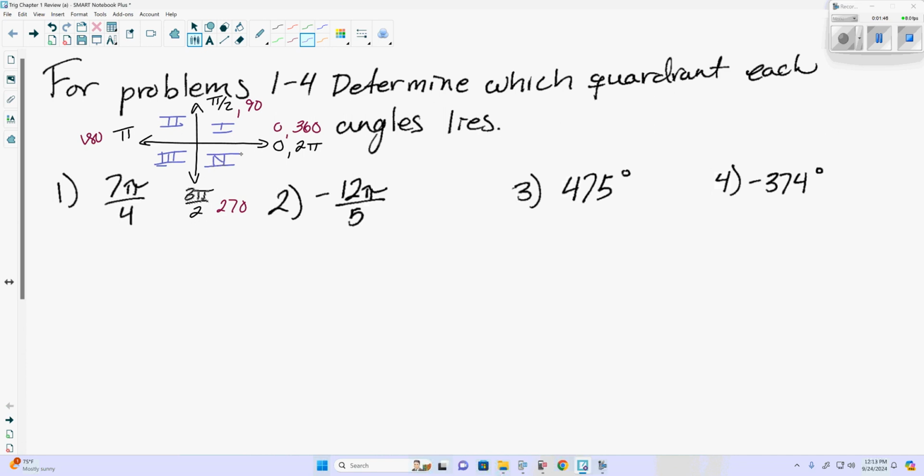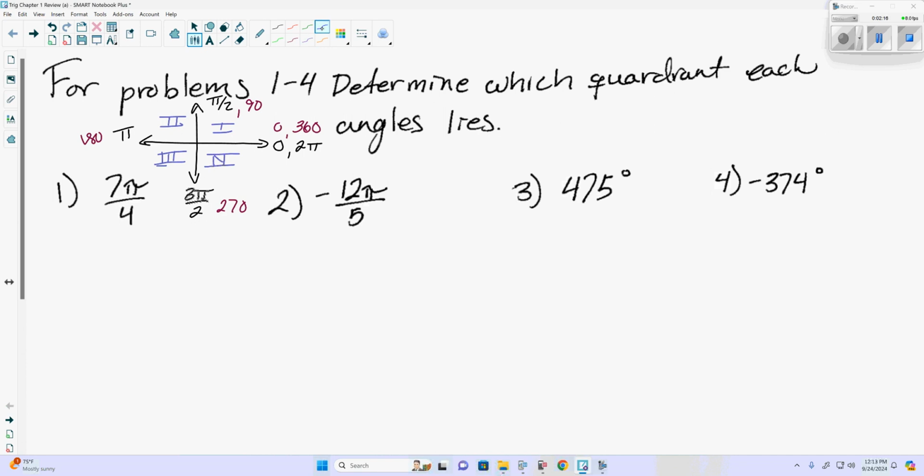Quadrant 2 is between pi over 2 and pi, or 90 and 180. Quadrant 3 is between pi and 3 pi over 2, or 180 and 270. And the last, quadrant 4, is between 3 pi over 2 and 2 pi, or 270 and 360. Again, you could use the unit circle to reference this. But these are our angles, and we're trying to figure out which quadrant each one of them lies in.